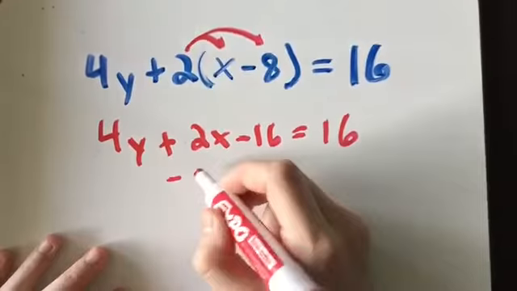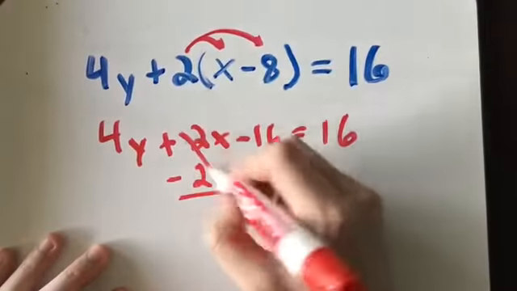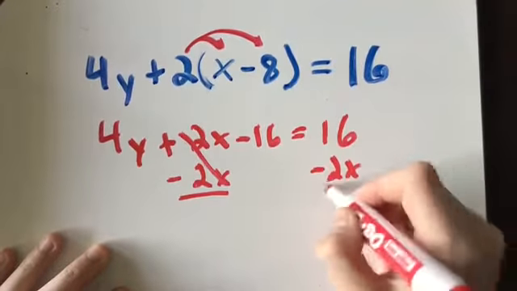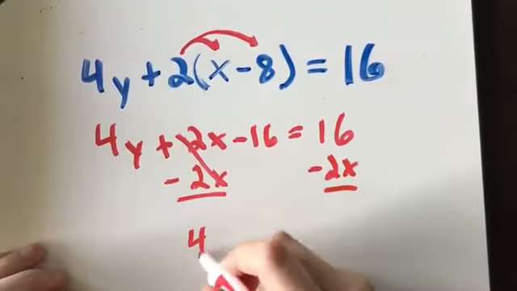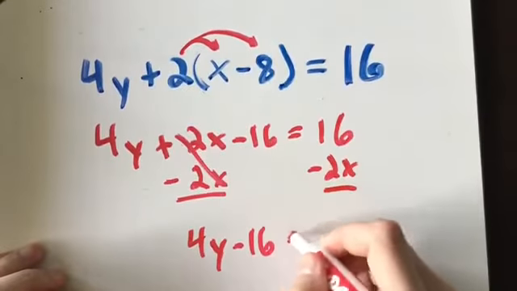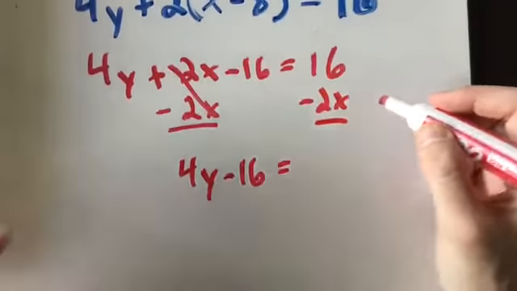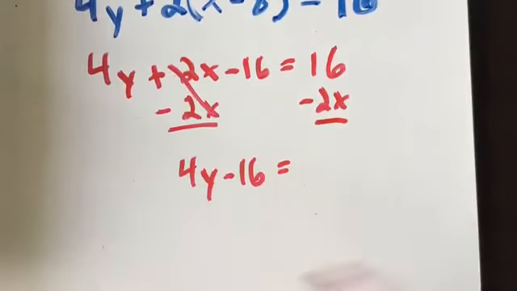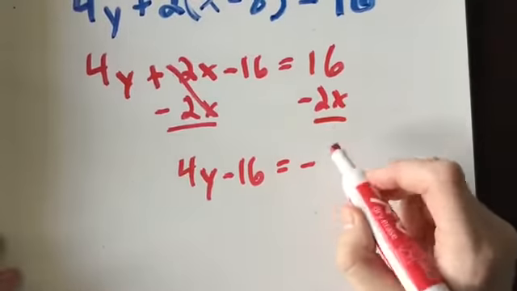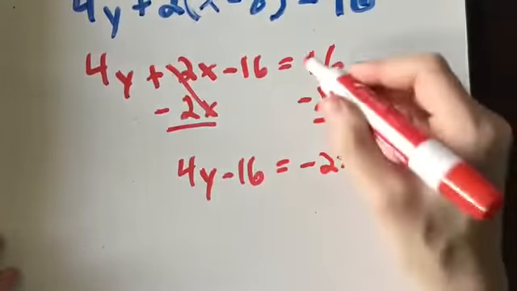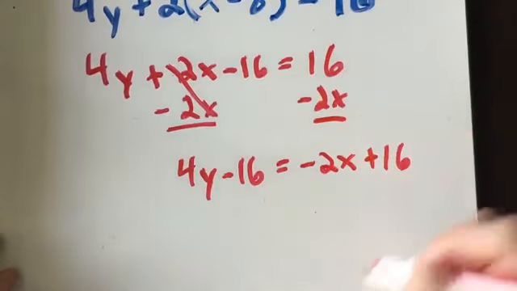So I'm going to subtract 2x from both sides. Okay. So we get 4y minus 16 equals, and on the right side, 16 minus 2x, those aren't like terms. We can't combine them. So instead, I'm just going to rewrite that problem. I'm going to write my x term first, negative 2x, and then that positive 16.